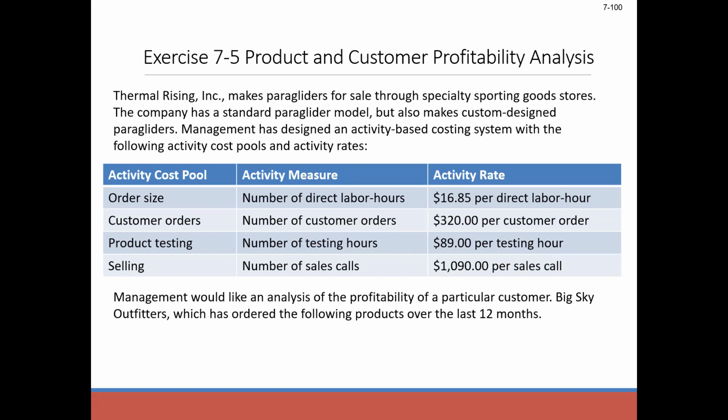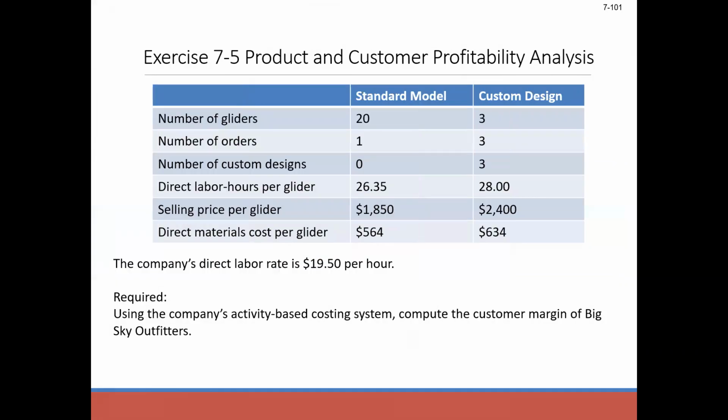Management would like an analysis of the profitability of one customer, Big Sky Outfitters, which has ordered the following products over the last 12 months. So it ordered 20 standard model gliders, 3 custom design gliders. The standard model was one order, the custom design were 3 separate orders, 3 separate designs.